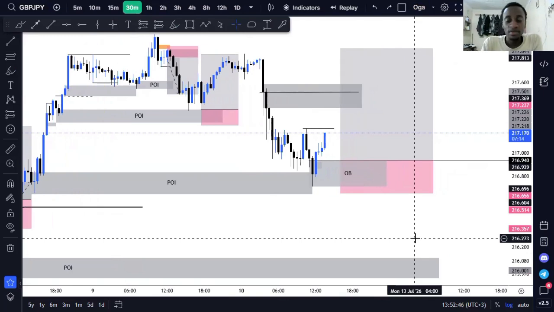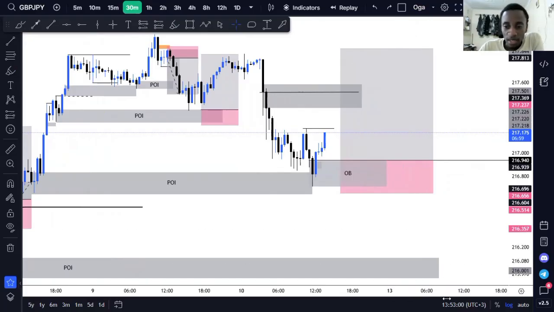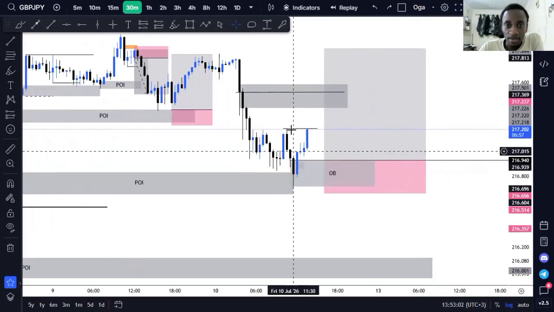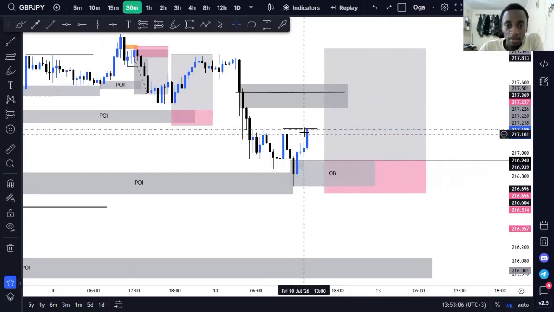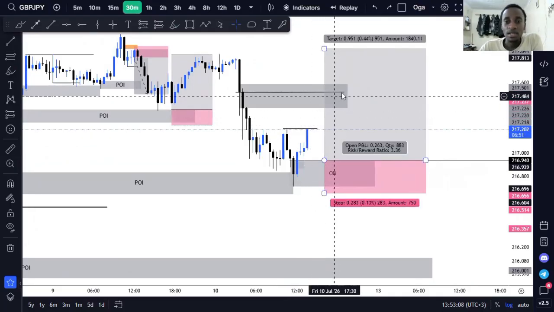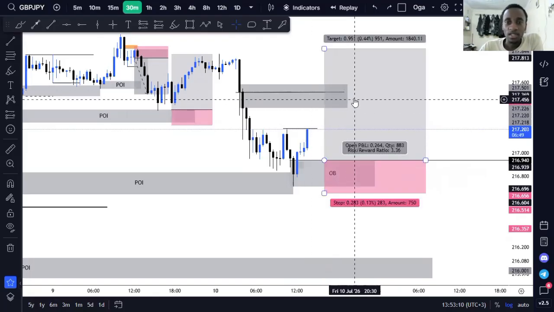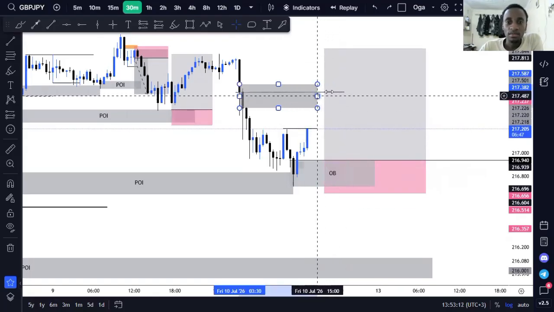Since it's 8 minutes to 2 p.m., let's just wait for the 8 minutes. If this 1 hour candle closes above there, which you can see it's almost closing above here, if it closes above the area, then we set our limit order, get out of the charts, go do other things.